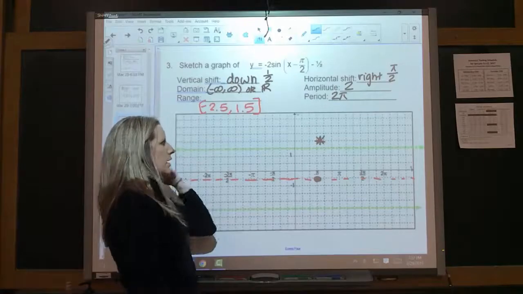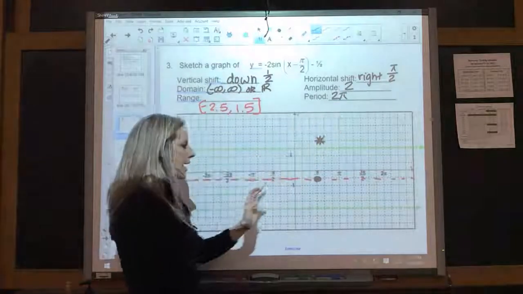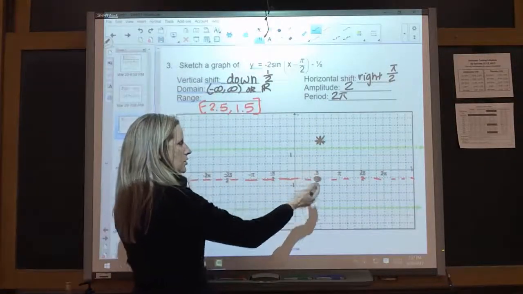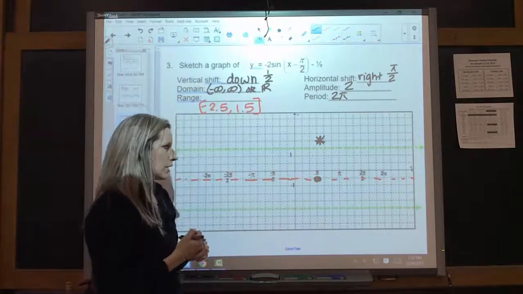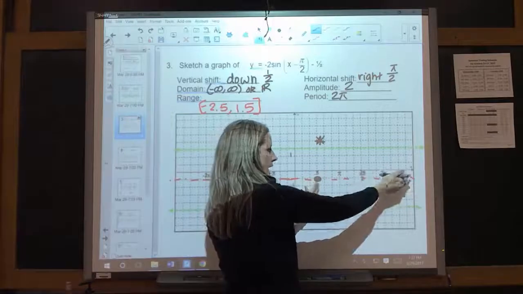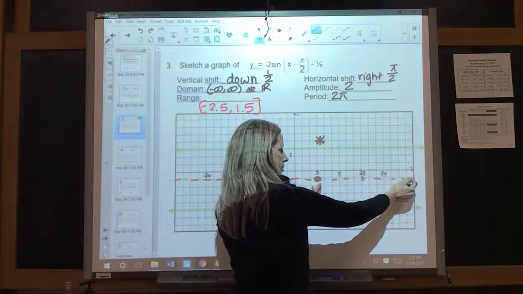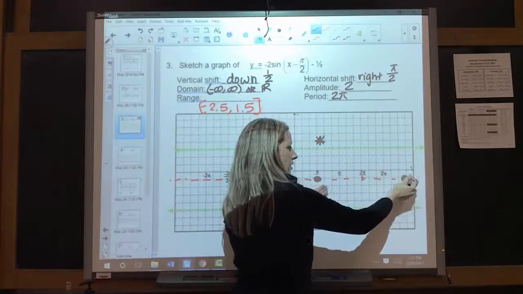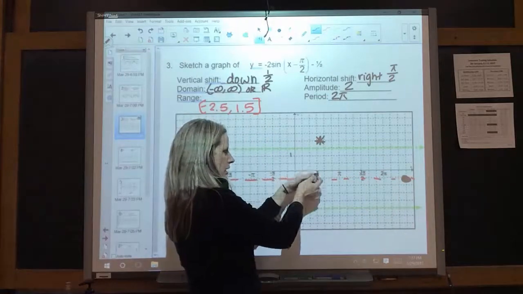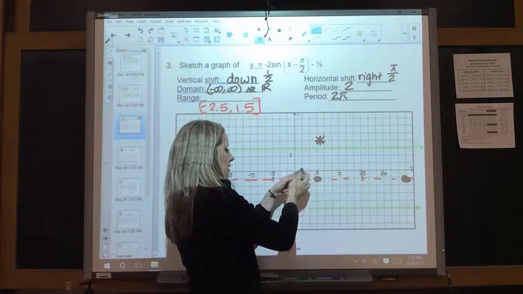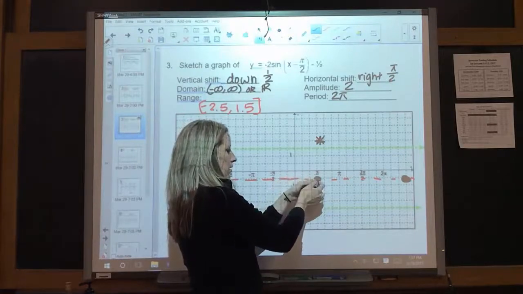All right, and our period is 2 pi, so in the distance of 2 pi, we're going to be back at the same point. Okay, so you could go to the right. You would just end up here, almost the last tick mark, because it takes 3 tick marks to get to pi over 2, right? So 1, 2, 3.